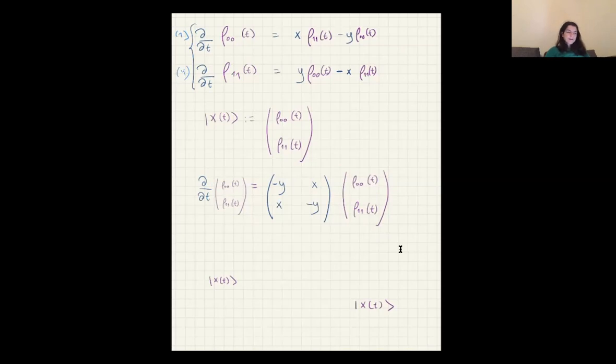Yeah. Good. And that's even easier to see if I put it like this. And this is my matrix A. Let's call it A.